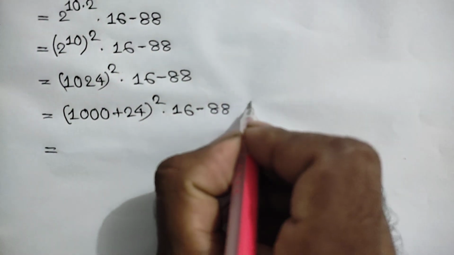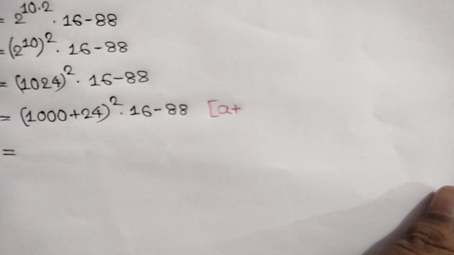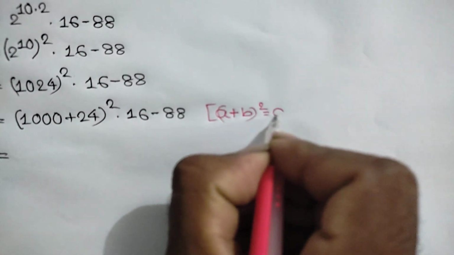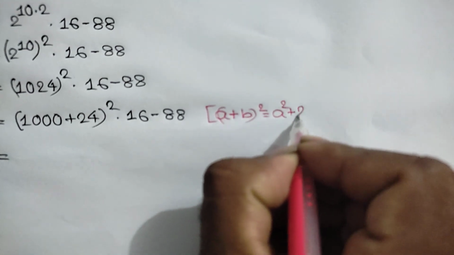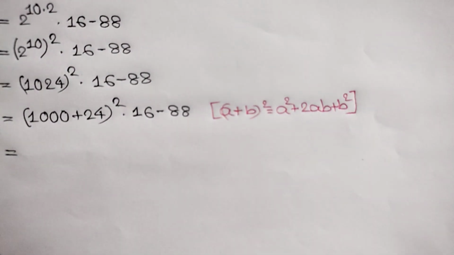According to the algebraic formula, a plus b whole square is equal to a square plus twice ab plus b square. Now apply this formula here.